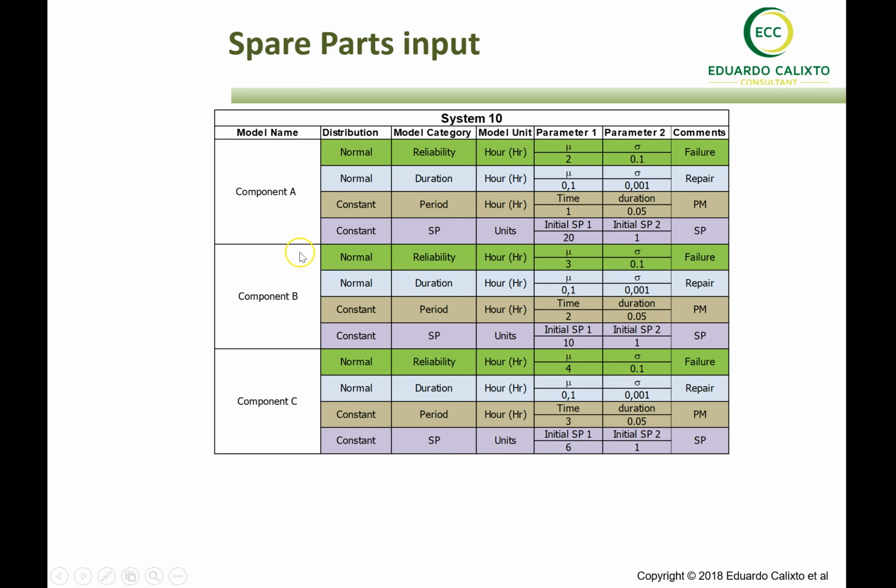So similarly, we have for component B the reliability PDF. Here we can see that it's similar to what we've got so far. We have the mean equal to 3.0, the standard deviation 0.1. We have a normal PDF to model the corrective maintenance, with mean equal to 0.1 and standard deviation equal to 0.01.